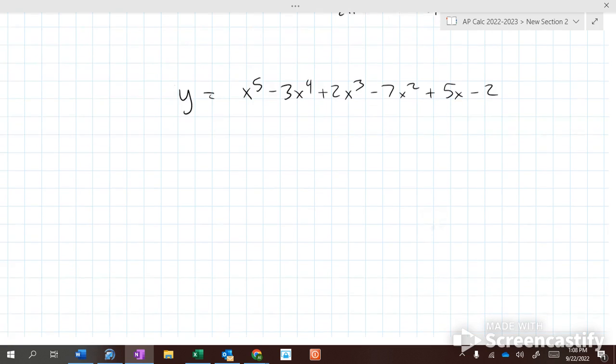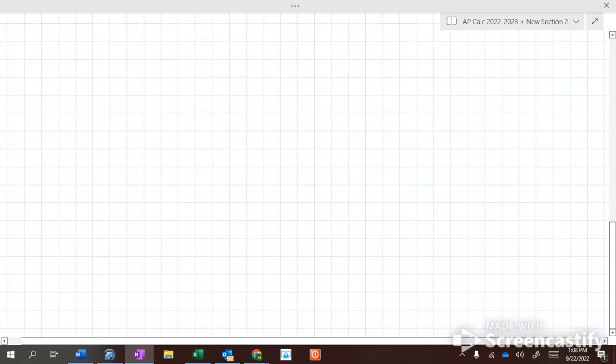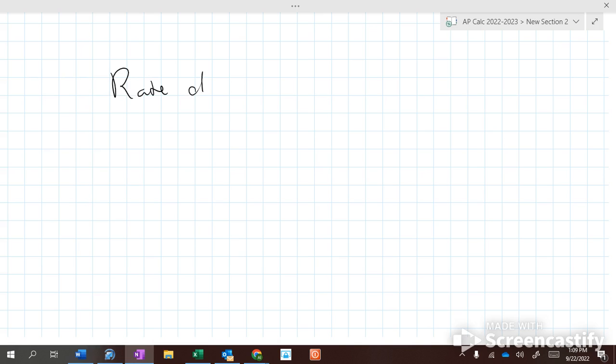So what are we doing at the start here? At the start, we're just working with rates of change. Let's say my function is f of x equals 3x plus 5, and I want to find the rate of change from 2 to 5.